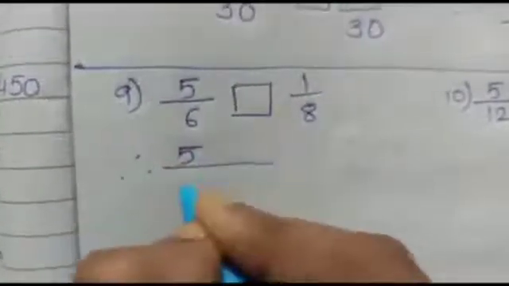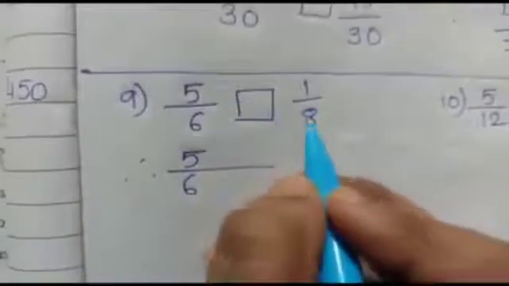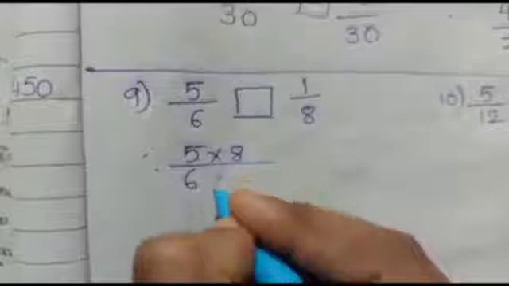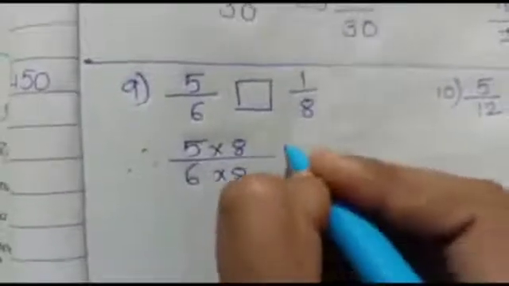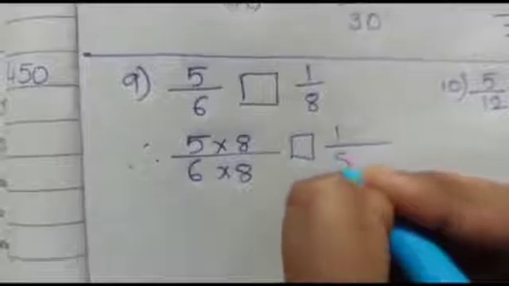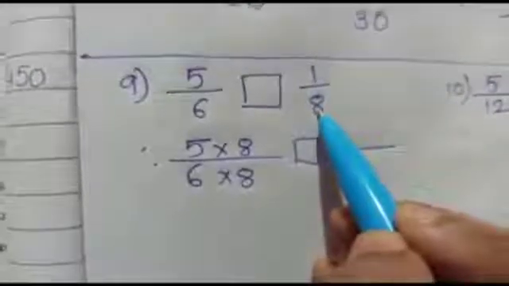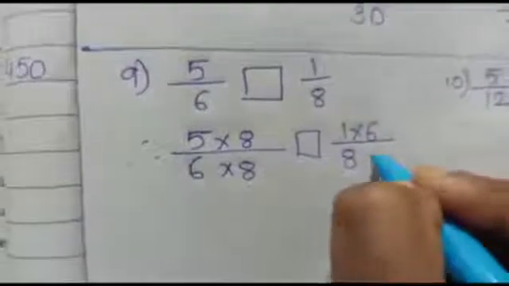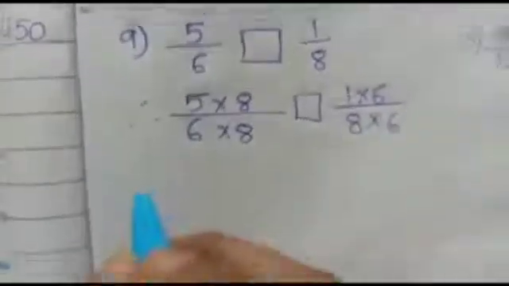So what we are supposed to do, we will do the cross multiplication. So 5 upon 6 multiply with this denominator, that is multiply by 8. Then 1 upon 8, you can multiply this with 6 now. So 1 multiplied by 6, 8 multiplied by 6.